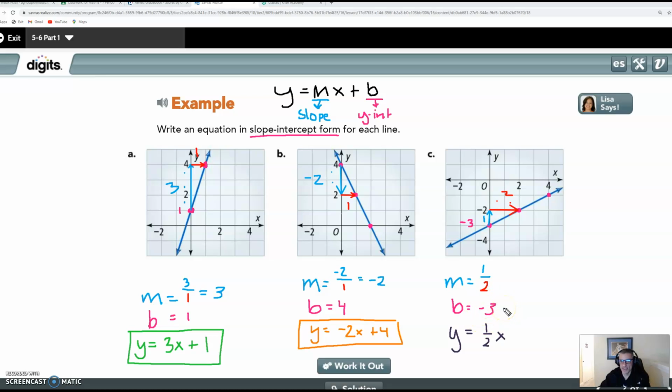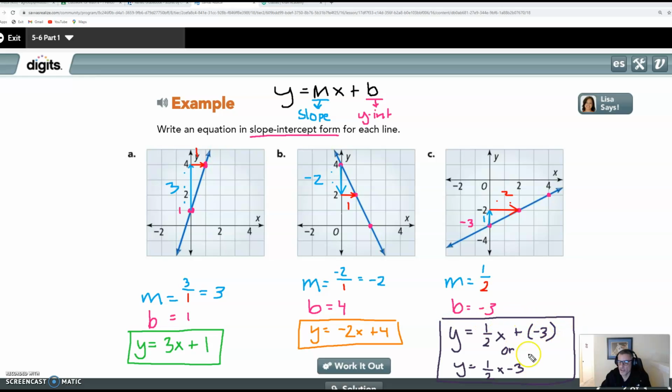So I can actually write this two different ways. I can write it as plus a negative 3. That's one way I can write it. Or you can simplify this, right? Adding a negative is the same as subtracting. So y is equal to 1/2 x minus 3. These are mathematically identical. They mean the same thing.